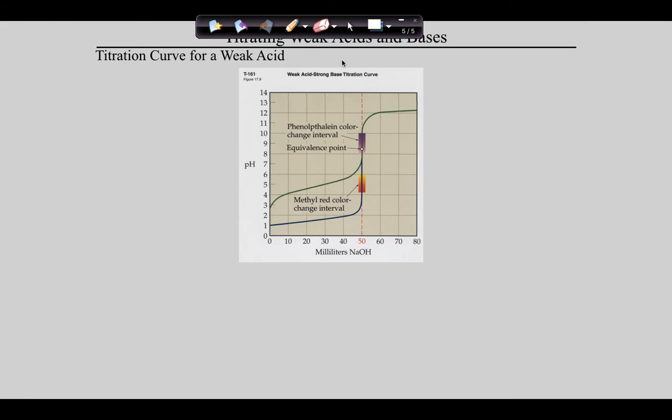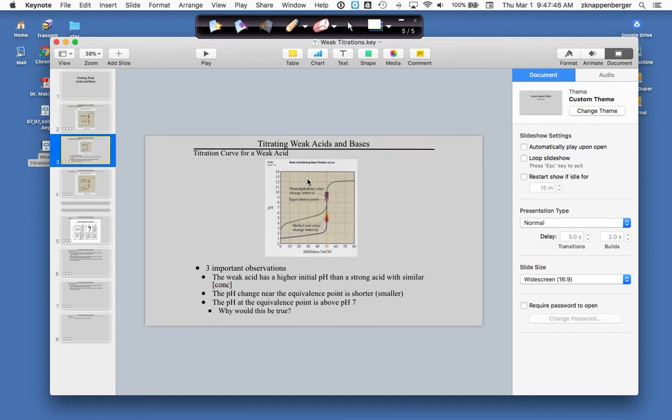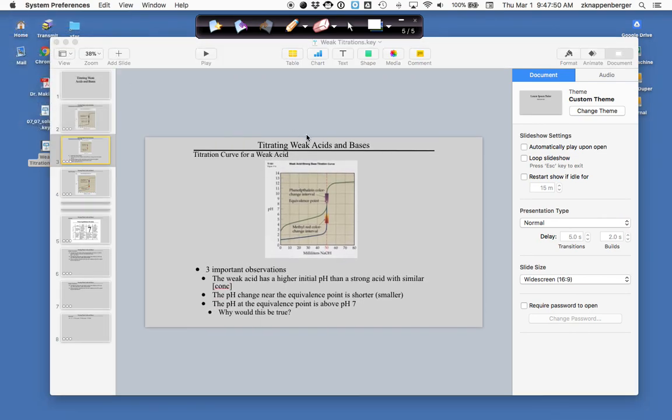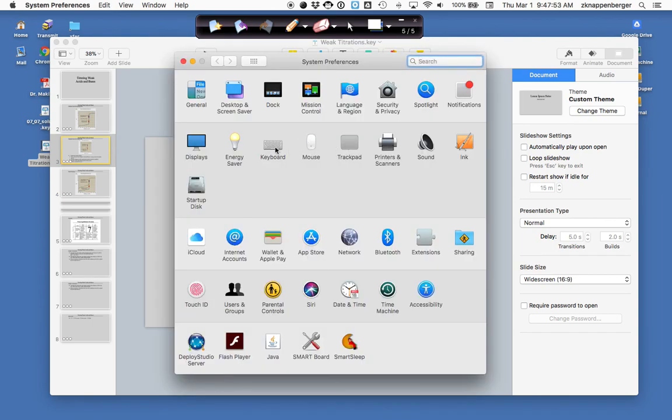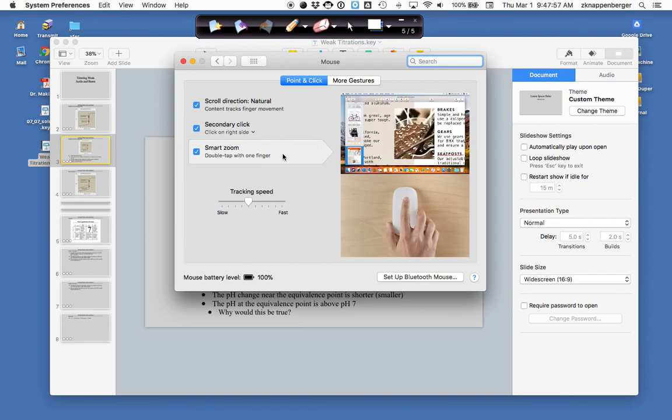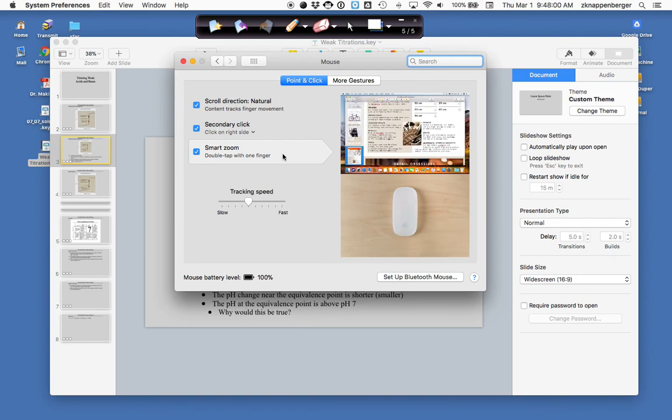Uh-oh. Why doesn't this work now? Because I'm switching to my new computer. Could you pretend like you can see that? No, it's driving me nuts. I got to do this. Okay, hold on just one second. Mouse, smart zoom. Wait, no, that's not what I want.